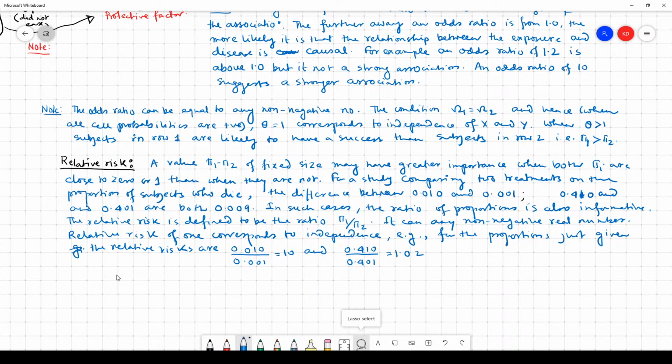Comparing the rows on the other response, which is called the failure category, gives a different relative risk.